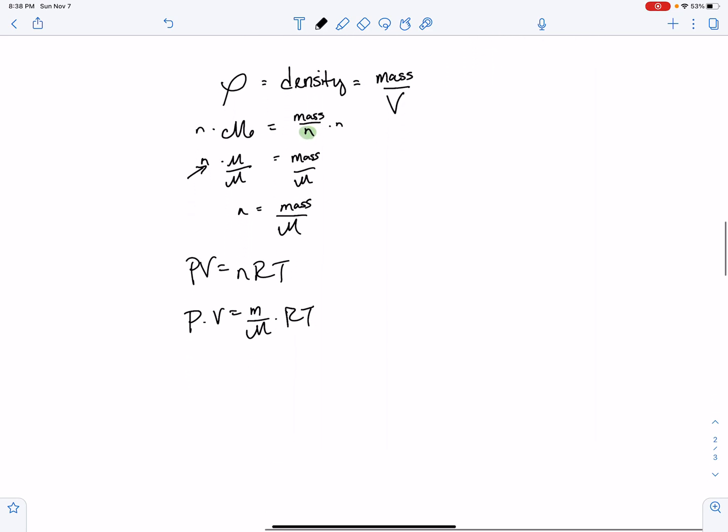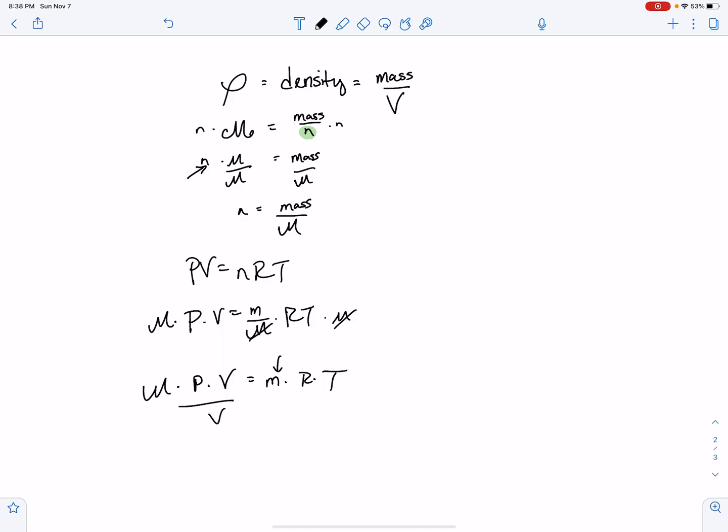So now I have P times V equals mass over M times RT. Now, what I'm going to do is rearrange these terms. What I want is to get this molar mass up on the other side. So I'm going to get rid of it being on the bottom by multiplying both sides by the big molar mass term. So that gives me molar mass times P times V equals m times R times T. And then density is actually mass over volume. And I have mass here, and I can divide, and I can get my volume over there.